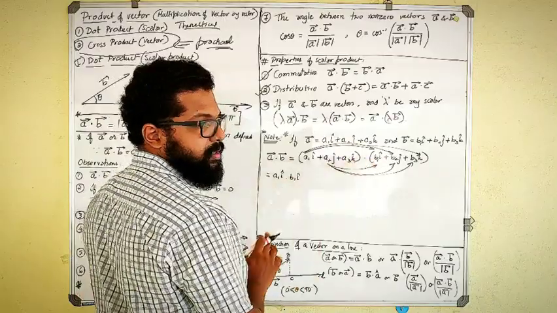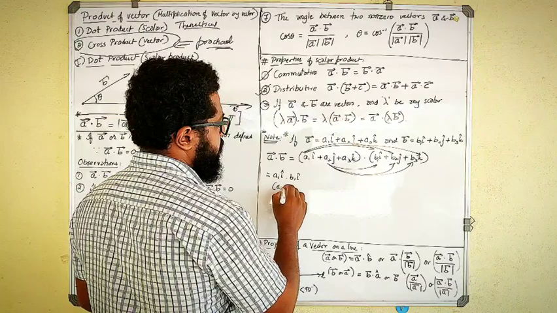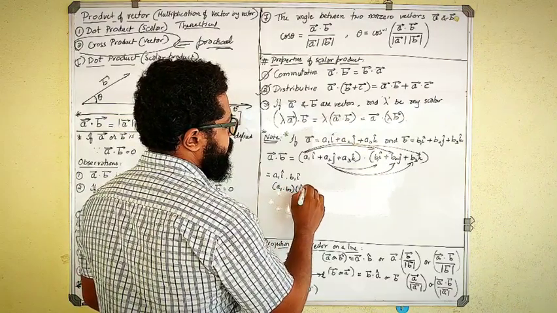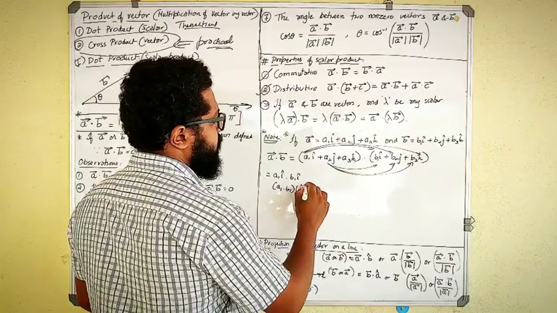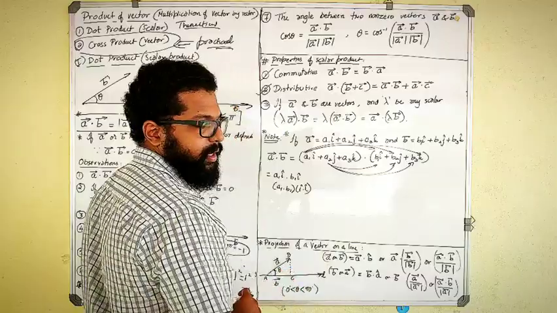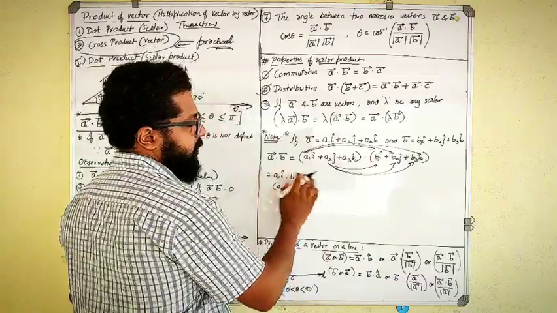Correct? This I can rewrite as A1 B1 into i cap dot i cap. These two are i and i. Correct?